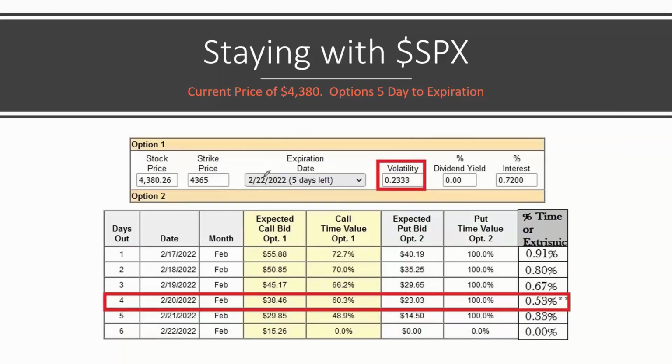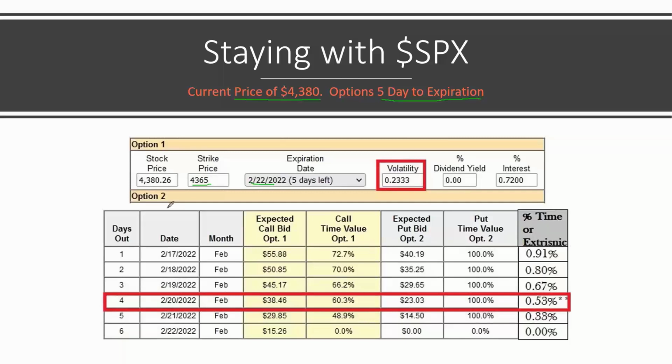And so, leading up to it again, just to verify what we talked about, let's see, okay, 5 days to expiration on 222. This was yesterday afternoon. Yesterday afternoon, SPX was at 43.80. 5 days to expiration for the 222 series, and the 15-point out of the money 4365 put with a volatility of 0.2333. What I added here is our Black-Scholes calculator.